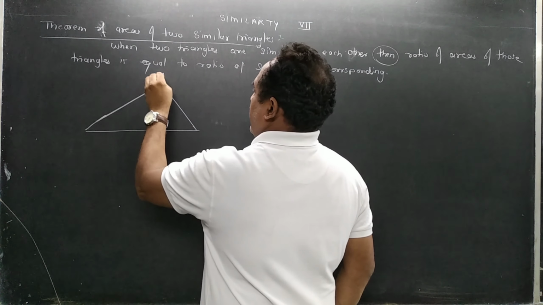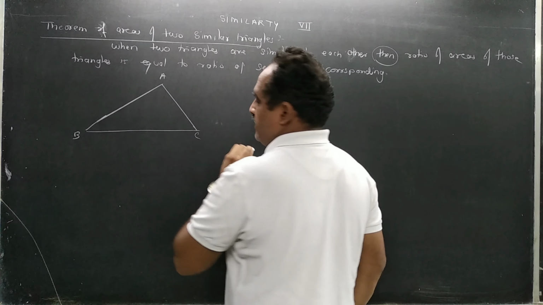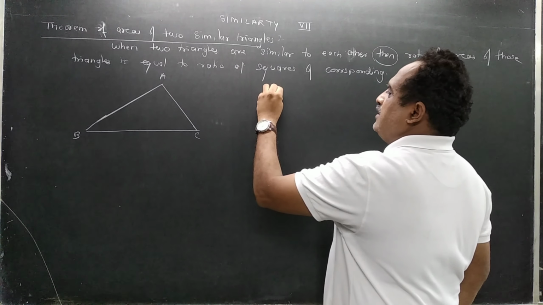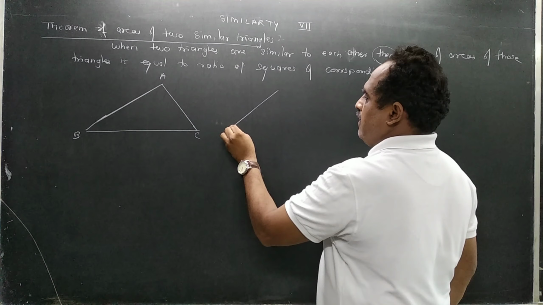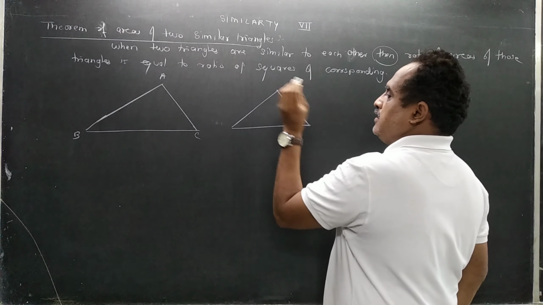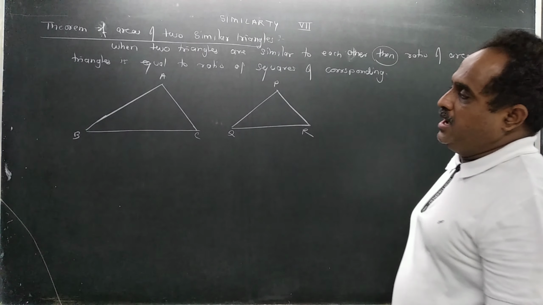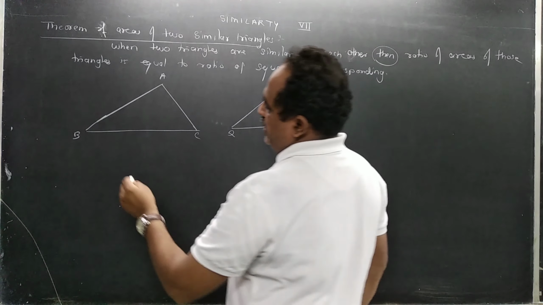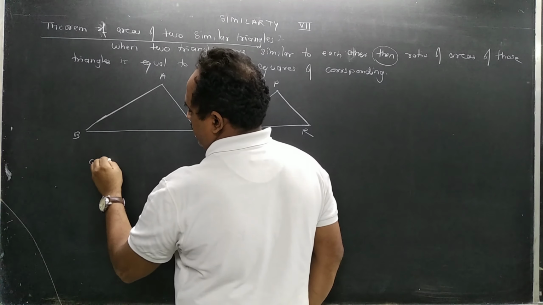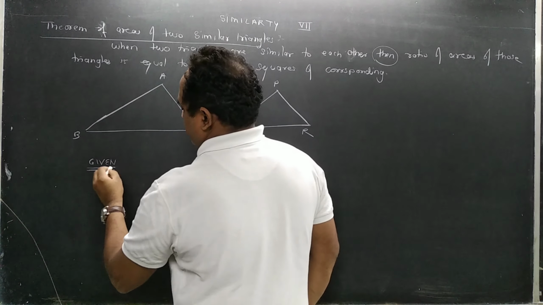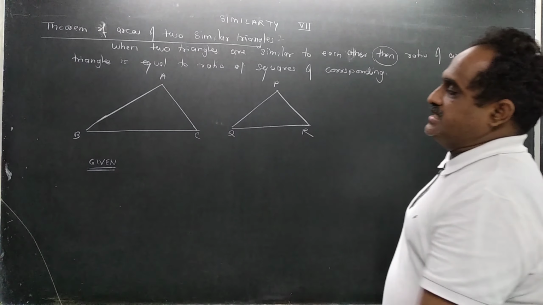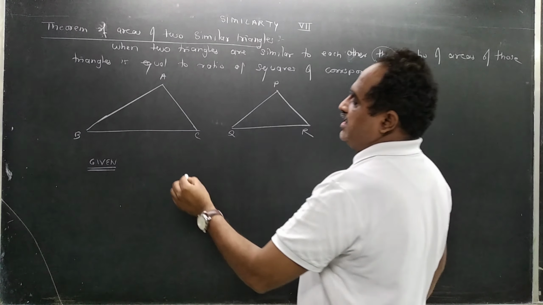That is ABC, and one more triangle we will draw a little bit smaller, PQR. Okay, so what is given to you? They have given that these two triangles are similar.